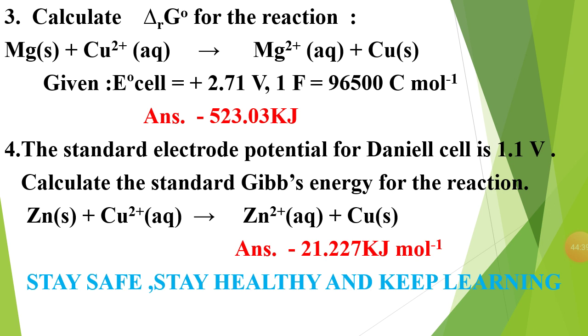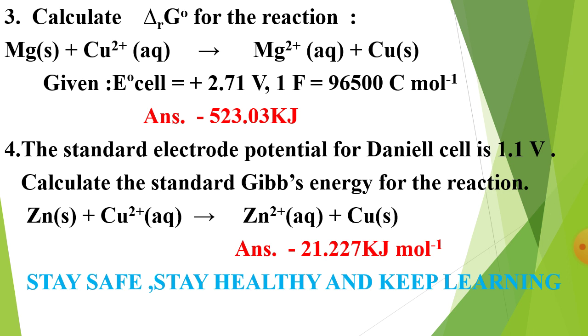Question number 3rd. Calculate delta rG naught for the reaction Mg plus copper 2 plus changes into Mg2 plus plus copper. Here also look, Mg loses 2 electrons, copper gains 2 electrons. So that's why the value of n is also here 2. So put the formula delta rG naught equal to minus nF E naught cell.